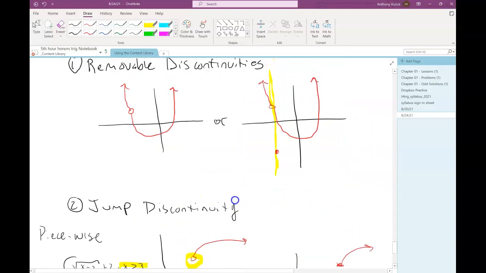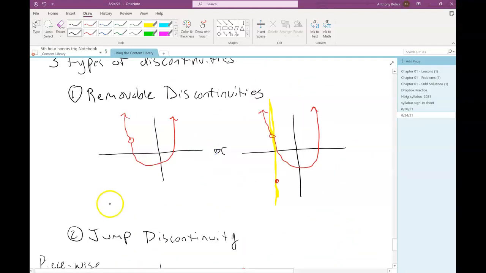And then the removable discontinuity, we saw that when you had something like, again, let's try to come up with something that looks like this. Was something like this, right?